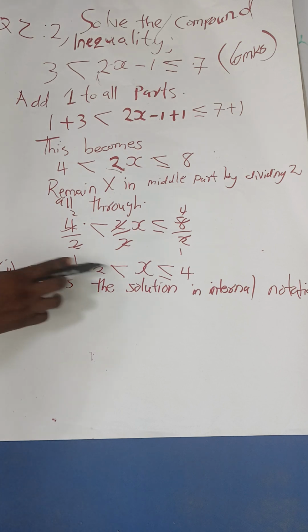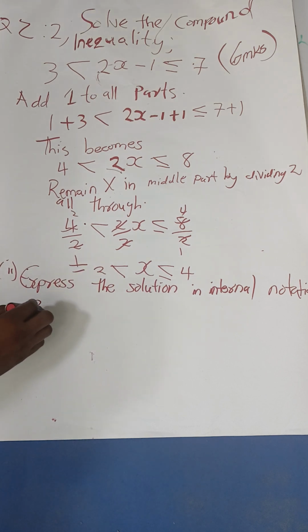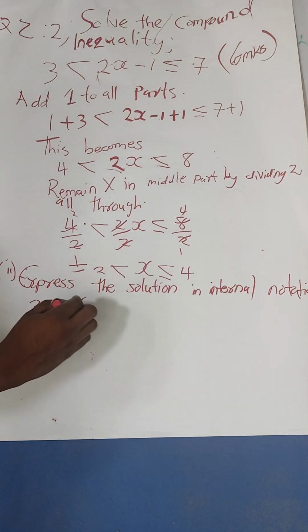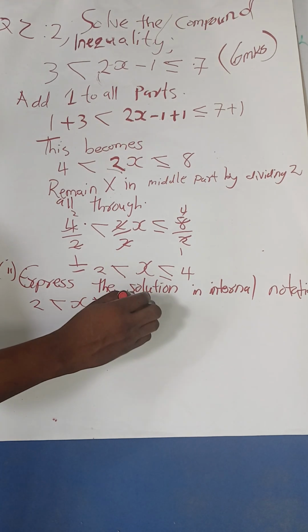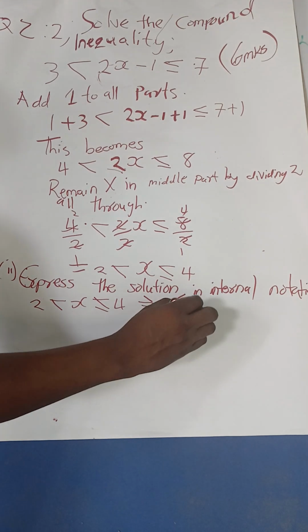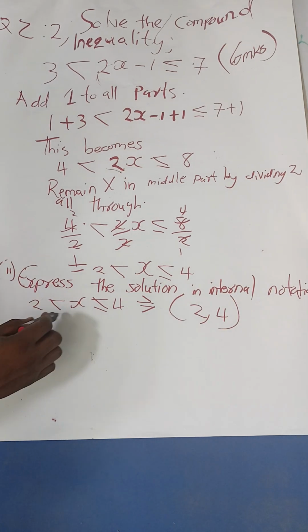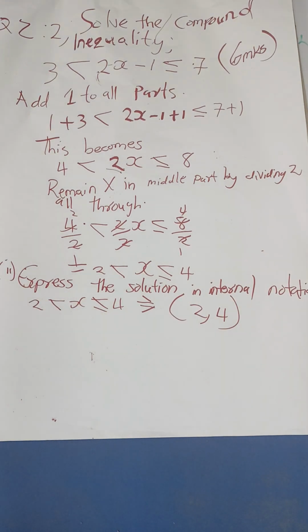To express the solution in interval notation for 2 less than x less than or equal to 4, it will be 2, 4. It is in the range of that. So that is how you'll give your values after you have expressed that.